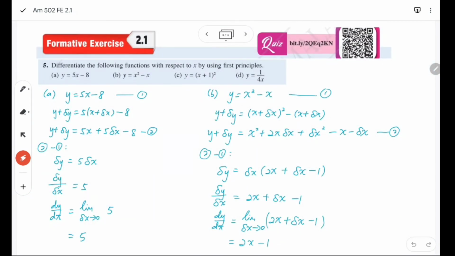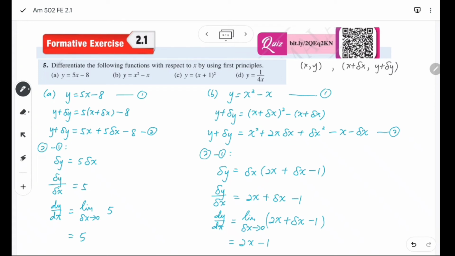Number 5. Differentiate the following functions with respect to x by using first principle. A. y equals 5x minus 8. To use first principle, the concept is we have 2 points: point x, y, and another point very near to this point, which is x plus del x, y plus del y.